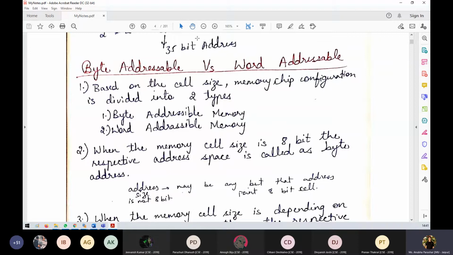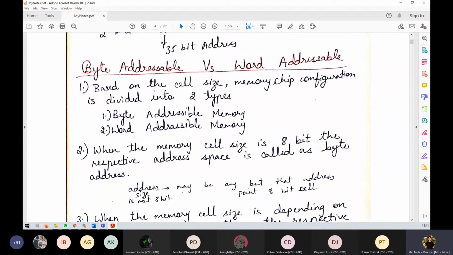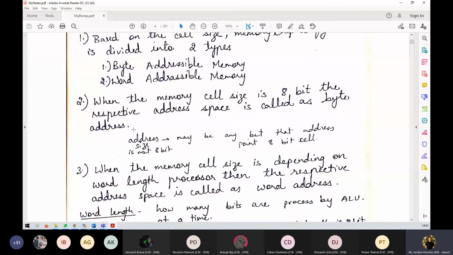When we say it is one word, it could contain 8, 16, or 32 bits. That means word is not defined as a memory size. As we know, 8 bits equal 1 byte, so if we are defining in terms of bits, then we can say it is byte addressable. Otherwise, it is word addressable.